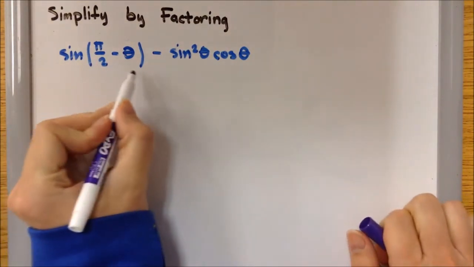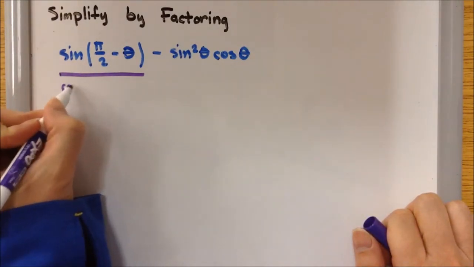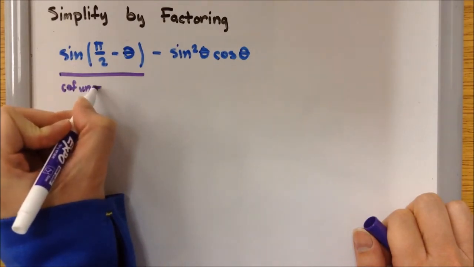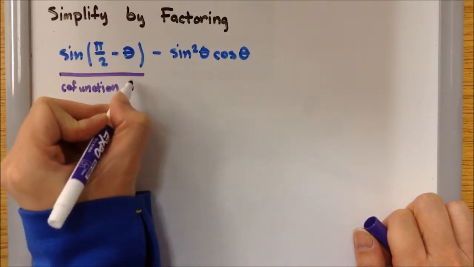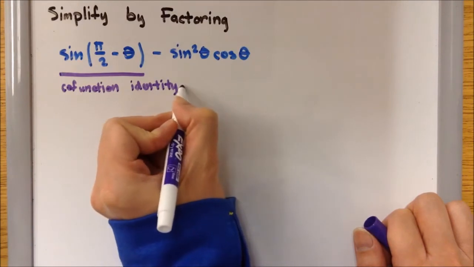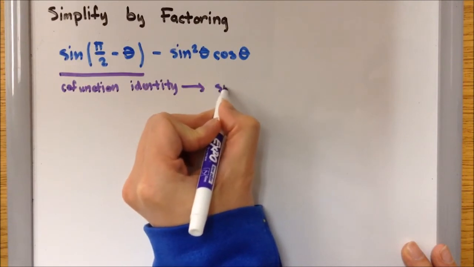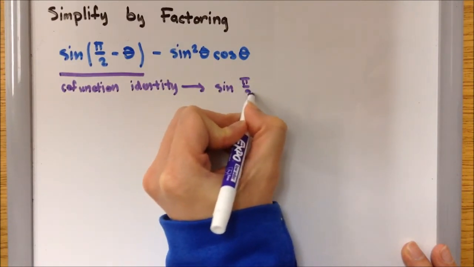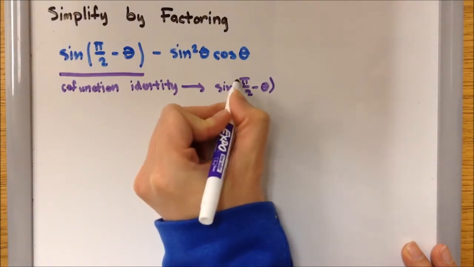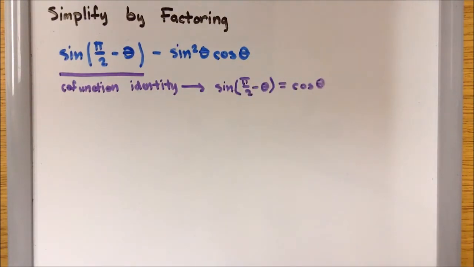So I'm going to apply the cofunction identity. The cofunction identity for sine, so sine of pi over 2 minus theta is equal to cosine theta.